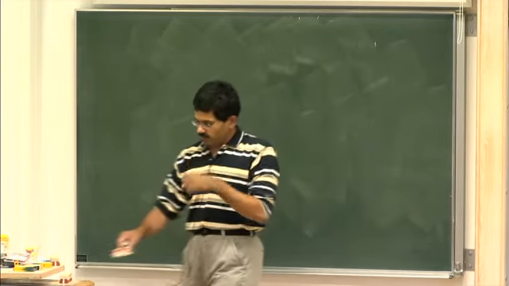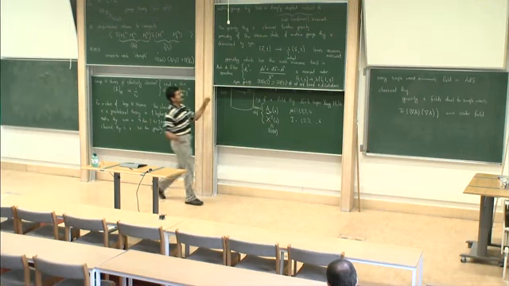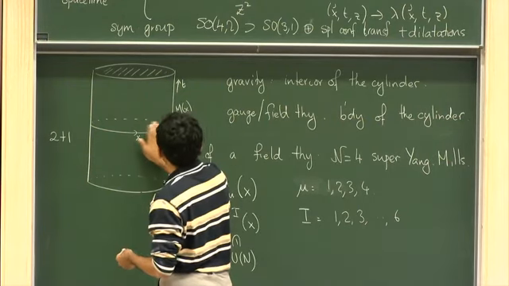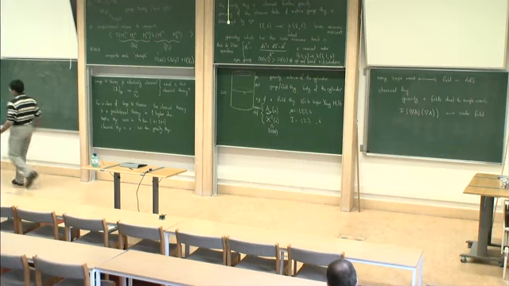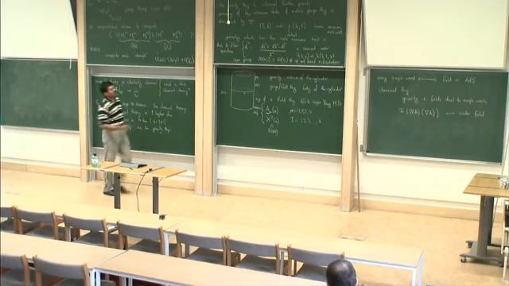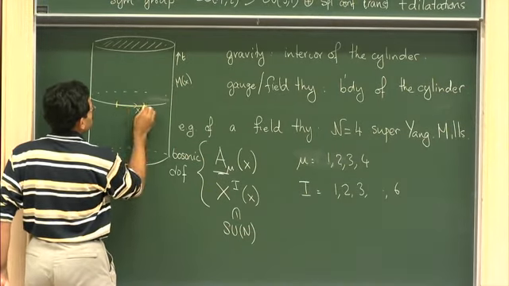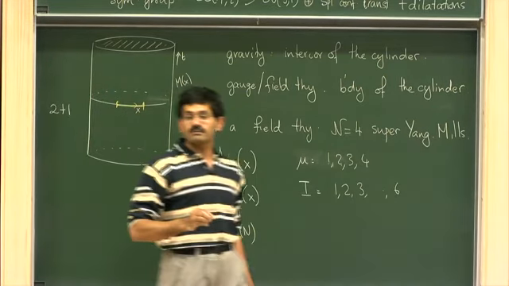Now let's take the cylinder and ask, suppose I take my theory and on this cylinder mark off some spatial region.